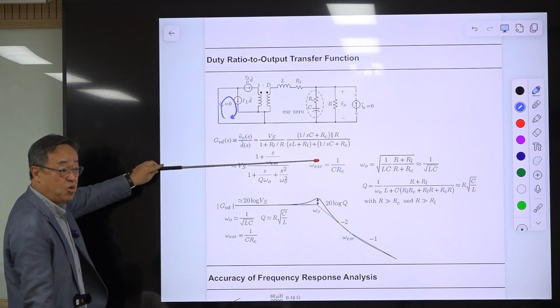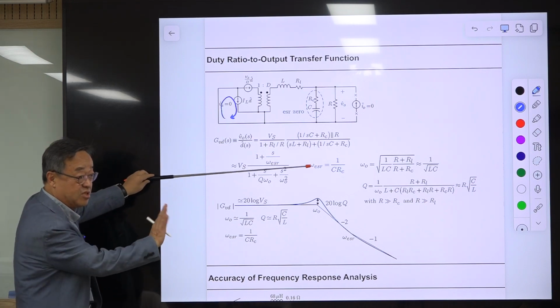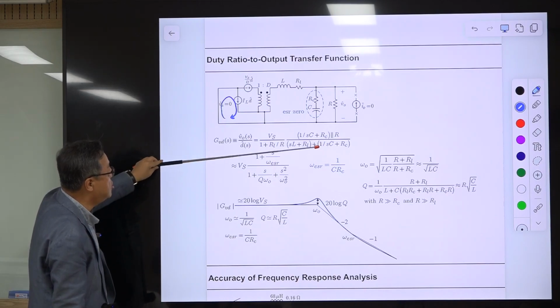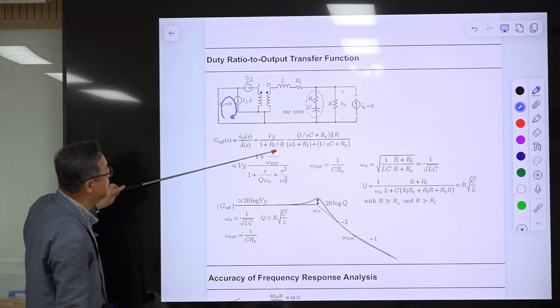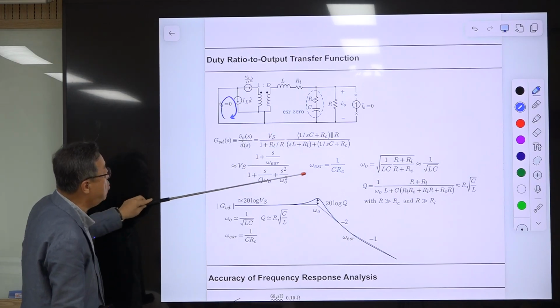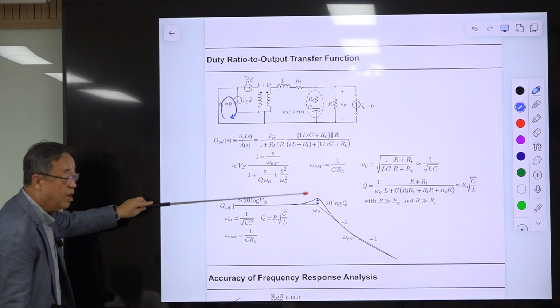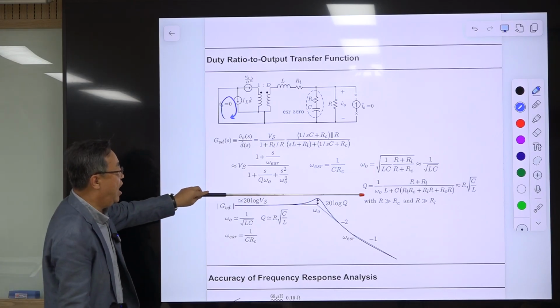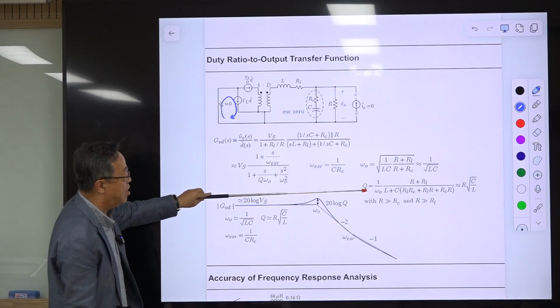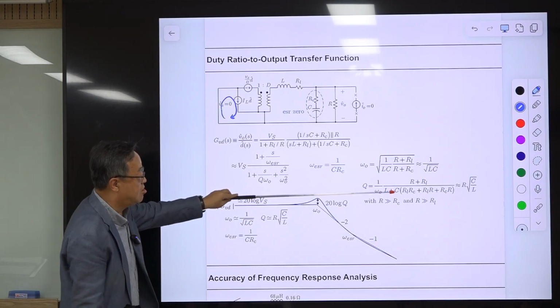Okay, this is Ohm's law. Don't call it analysis. Ohm's law. Then simply using some simplification, if RL is much smaller, this is reduced to this, and we have 1, 0. So this is the exact one, and this Q. And this omega naught is the double pole frequency, and the quality factor of this one is this complicated one.